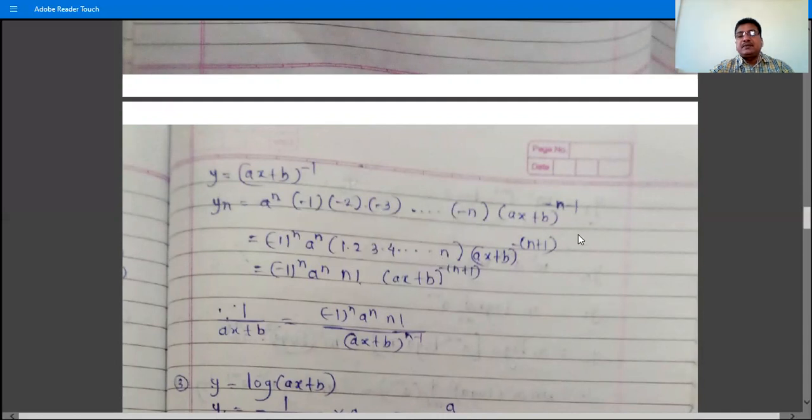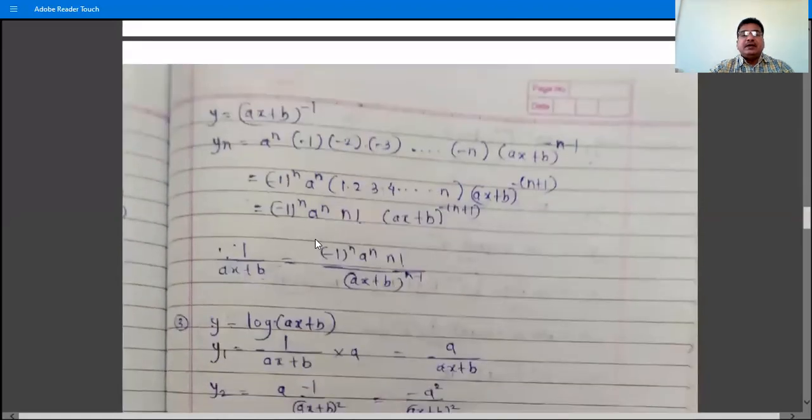Next, (ax plus b) raised to minus (n plus 1). So we have (minus 1) raised to n, a raised to n, n factorial, divided by (ax plus b) raised to n plus 1. It is not n minus 1, it is n plus 1.